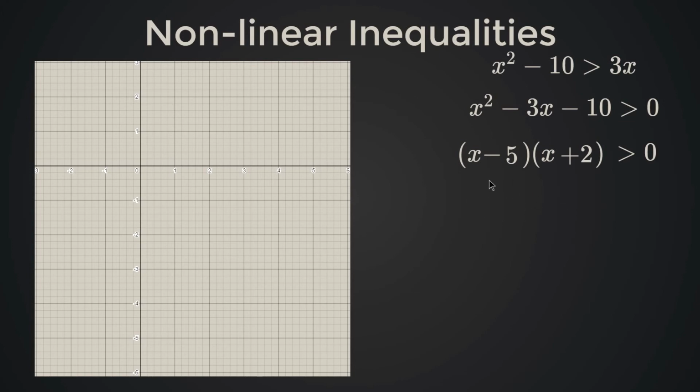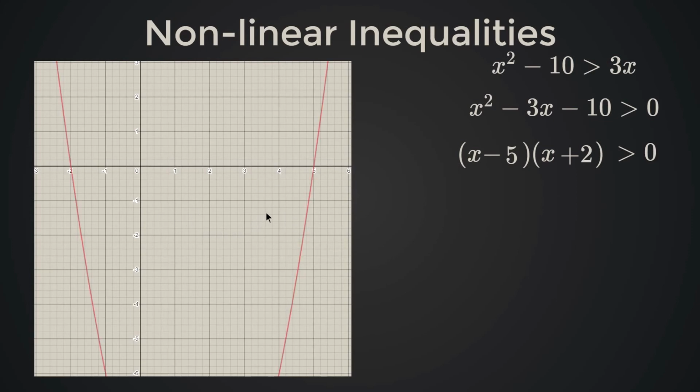So for example, plugging in 5 into this bracket would make this equal to 0, and plugging in negative 2 would also make this 0. So those are our roots. So let's plot them: negative 2 and positive 5. Before we finish sketching, we need to know whether this parabola opens up or downwards. Since there's no negative out in front of the brackets, this parabola opens upwards. So let's finish our graph.